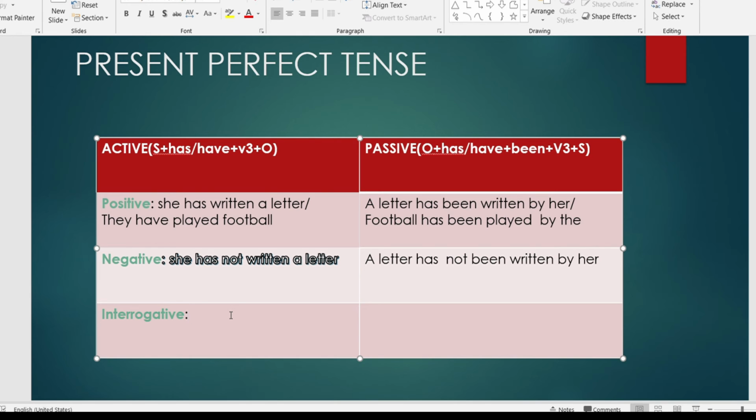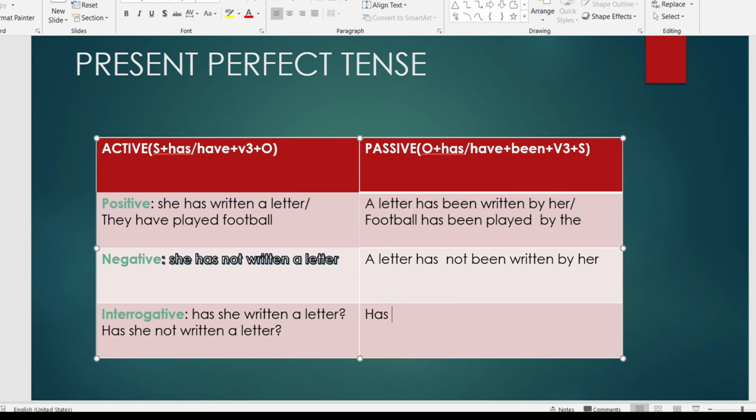The interrogative is, has she written a letter? क्या लेटर उसने लिख लिया है? Question mark. Has she not written a letter? क्या उसने लेटर नहीं लिखा? So this will become, okay, sorry, we're making the interrogative, right?